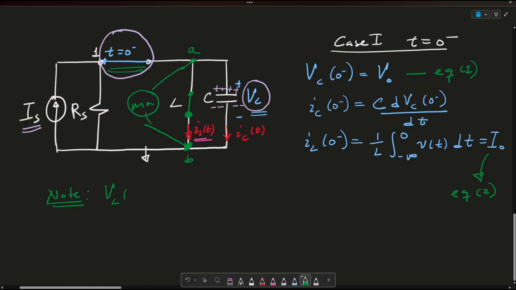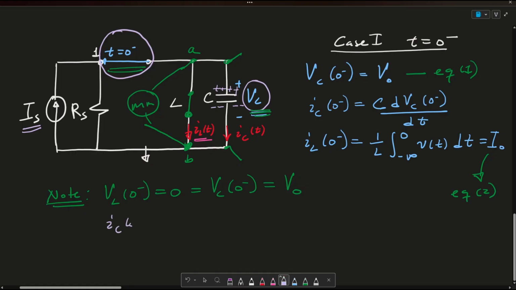So VL of 0 minus will be 0. So this is also equals to VC of 0 minus. And then this is also equals to my initial VO. I hope this makes sense, again, because from here to here is essentially VC.